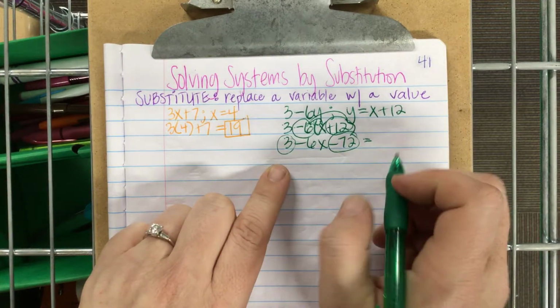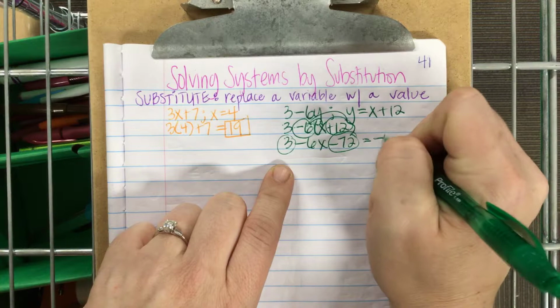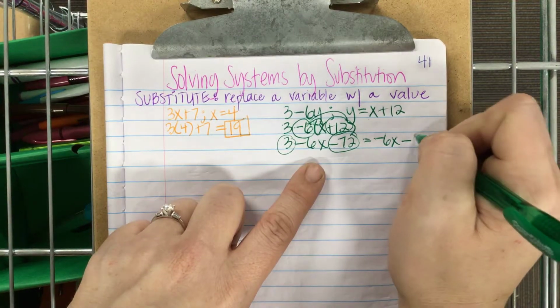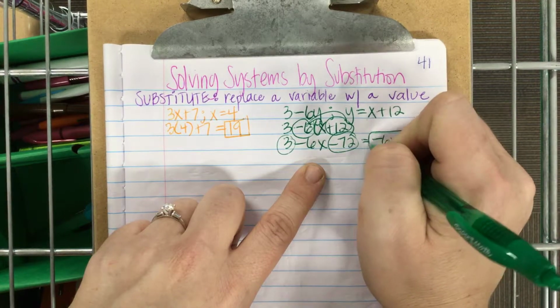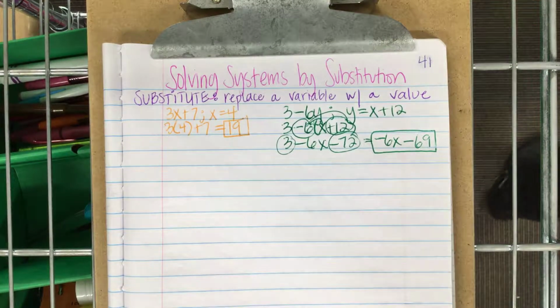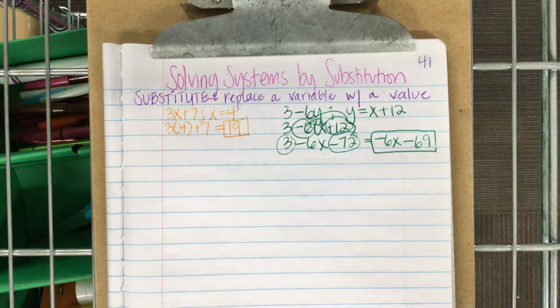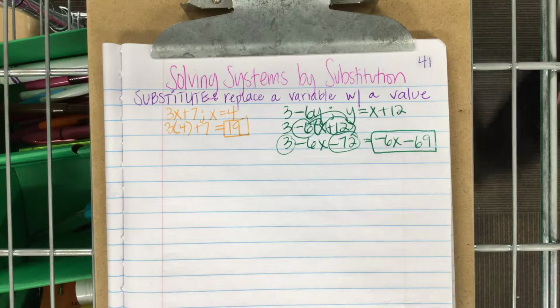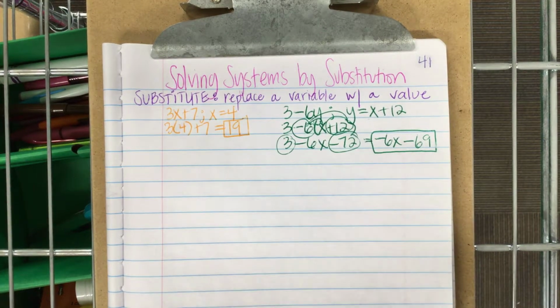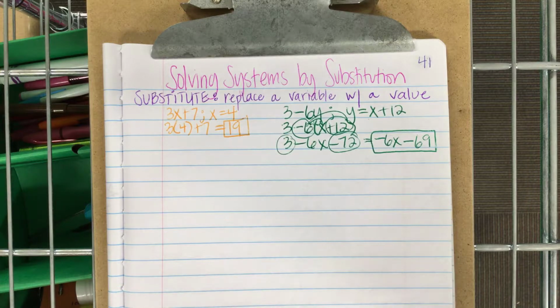I'm going to write my variable first, negative 6x, and 3 minus 72 is negative 69. Sometimes your answer is an algebraic expression. Sometimes it's still a math problem, but that's as much as you can do. Other times, you can do more. If it said equals something, you could keep going and you could find a solution.